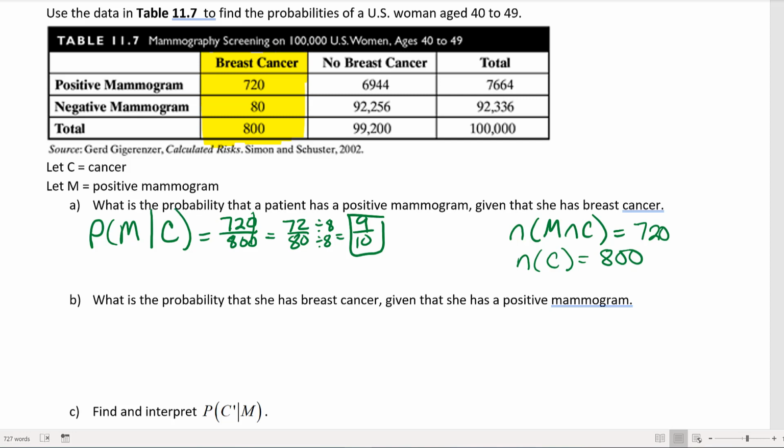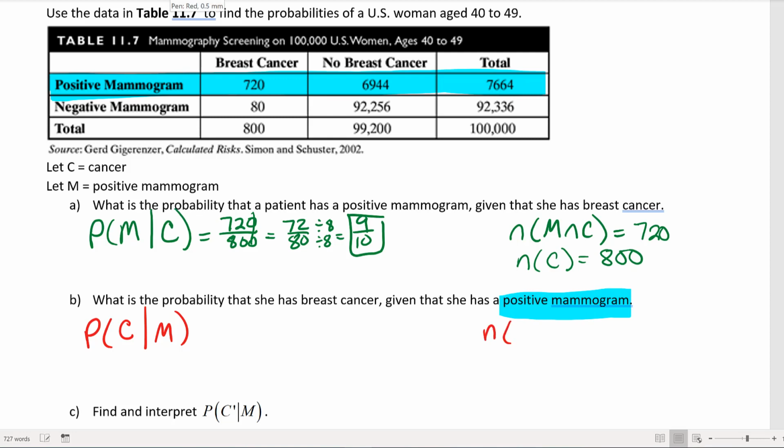Next, we're looking for the probability that she has breast cancer given that she has a positive mammogram. So this is just backwards. I'm going to erase my yellow highlight, and I'm going to highlight just my positive mammogram because we know she has a positive mammogram. Now I'm looking for the number of cancer and mammogram, which is the same 720 from before, and I also need the number of positive mammograms, which in this case is 7,664.